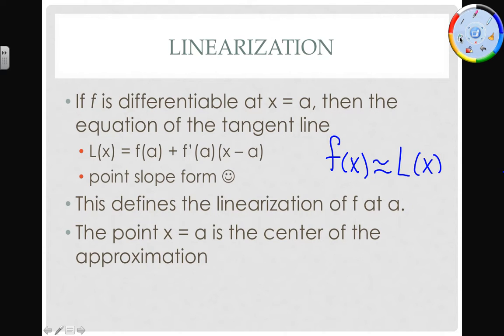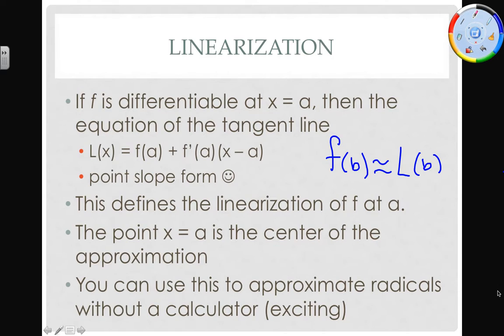And if we want to use some other value, we can say f at B is approximately the same thing as L at B, because what we're looking at is something really close to this a value.